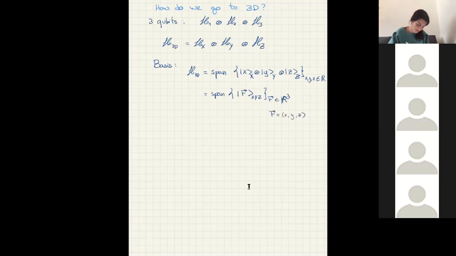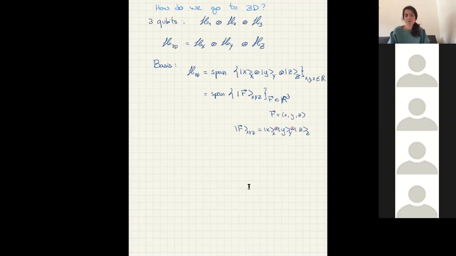We can express it like this. And what we mean by a vector r in the 3 systems is really just |x⟩ on X, |y⟩ on Y, |z⟩ on Z, where I can just make this tensor product implicit. Okay, but I'll try not to, because it can be confusing.